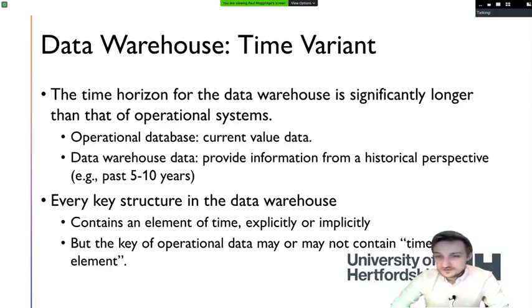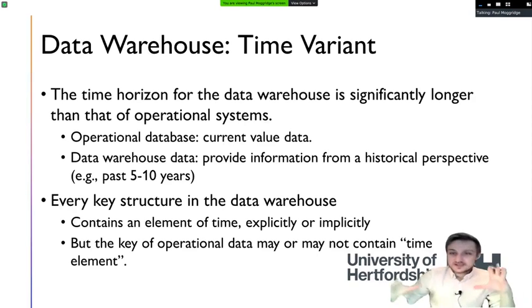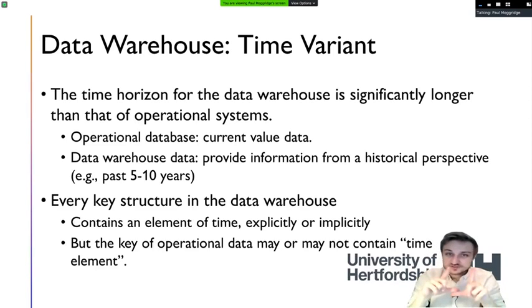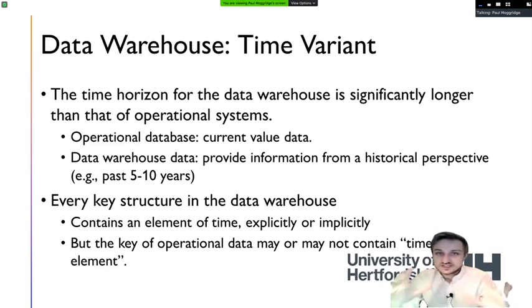A data warehouse is time variant, and this means that it has as much as the hardware allows, and is meaningful for decision making, of the information from the operational systems over all time. So not just a snapshot that is in the operational system at a given time, but all of the data throughout time. All of the backups will be accessed and placed into the data warehouse.